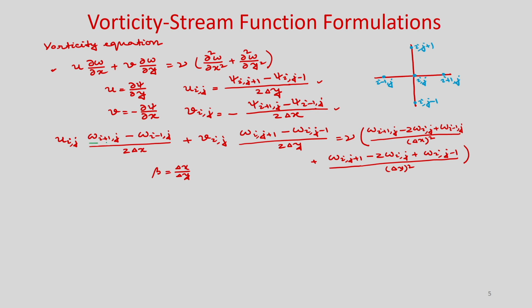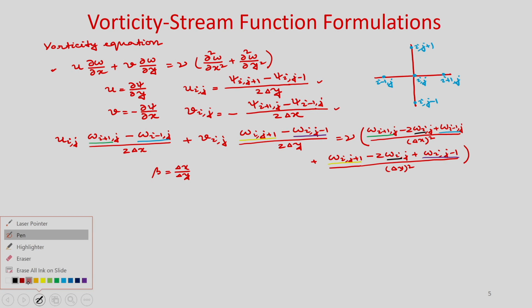Omega i plus 1 j here and here, which we take common, then omega i minus 1 j here and here, then omega i j plus 1 here and here, omega i j minus 1 here and here, and omega i j here and here. Now you rearrange it and write.